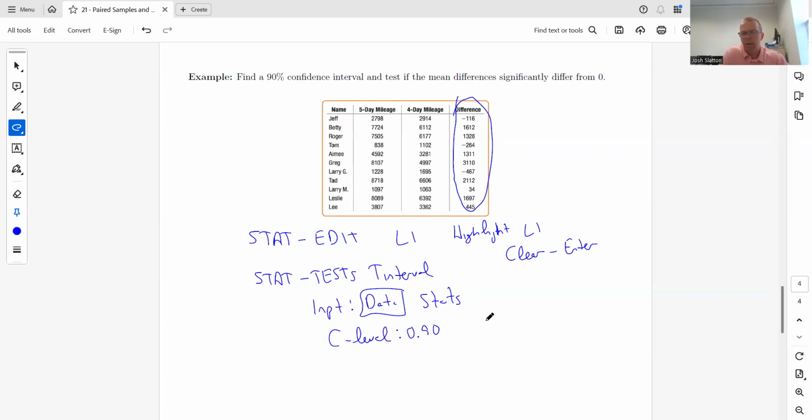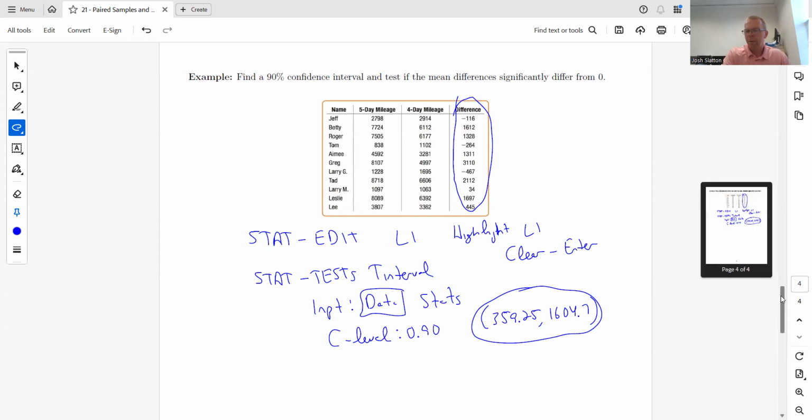And then hit calculate, and we will get 359.25 and 1604.7 for our confidence interval. So if we want to interpret that, we are 90% confident that the mean difference is between 359.25 and 1604.7.